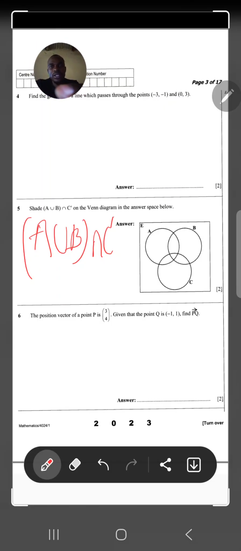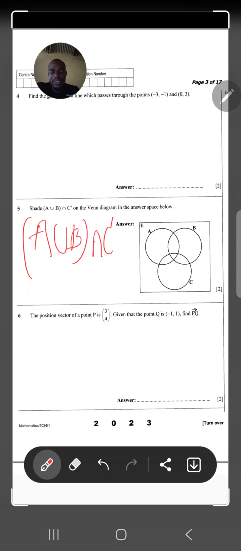This will mean that we don't want C complement here. We don't want C, but we want A union B.